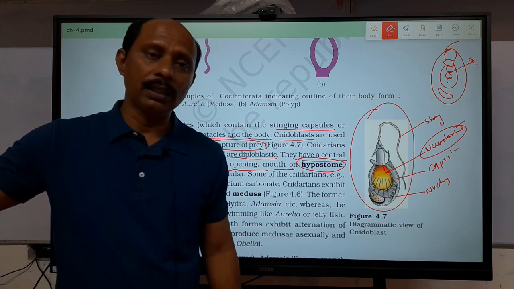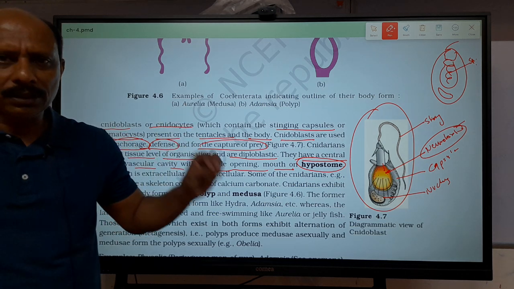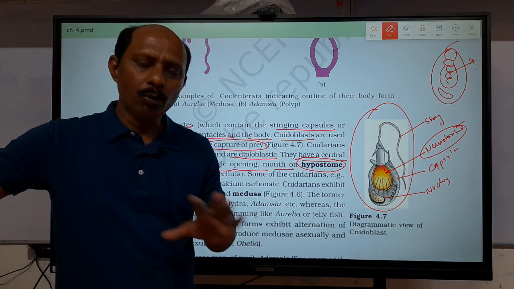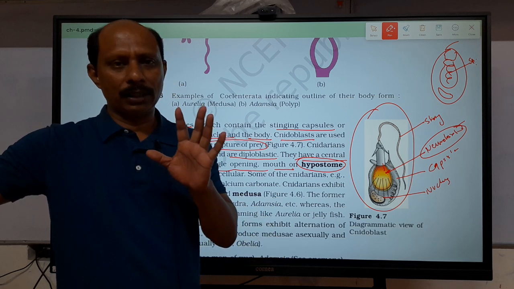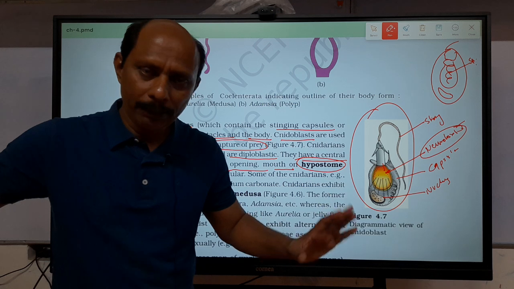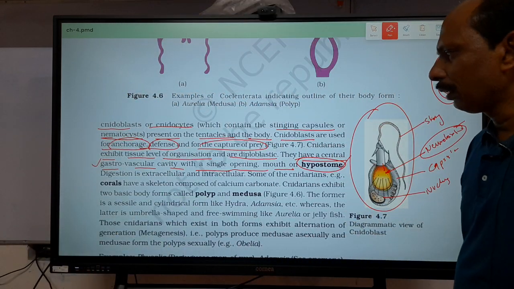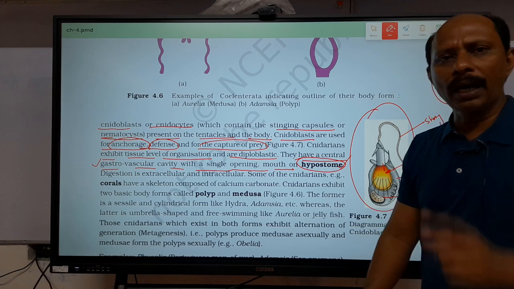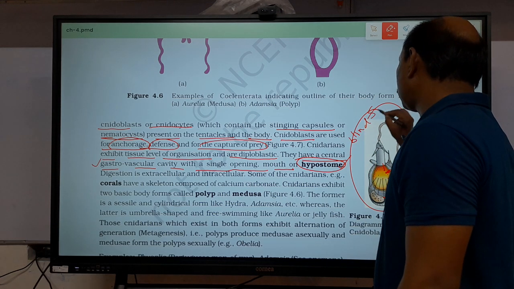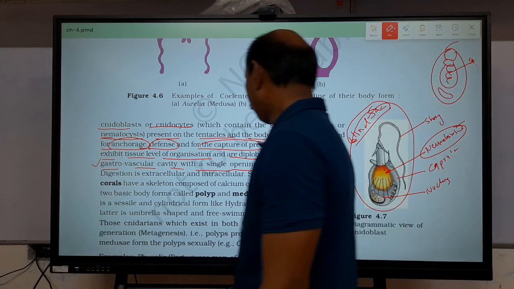We cannot really consider it a digestive system, because these animals have only tissue level of organization and no systems. But since only one opening is there, we can consider it a blind sac body. Blind sac means only one opening is there, right?